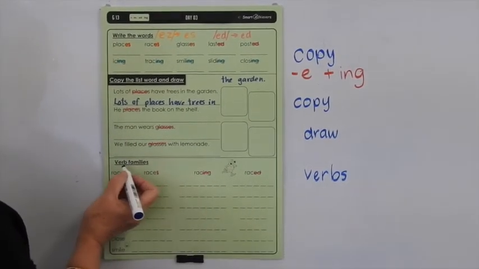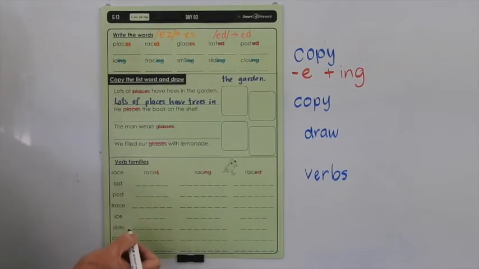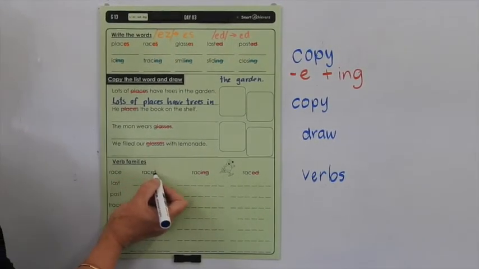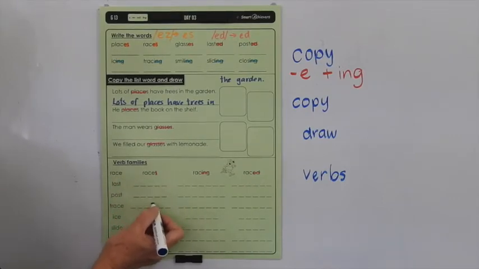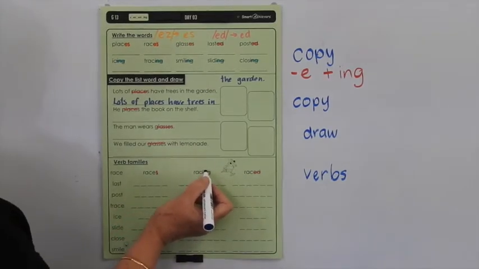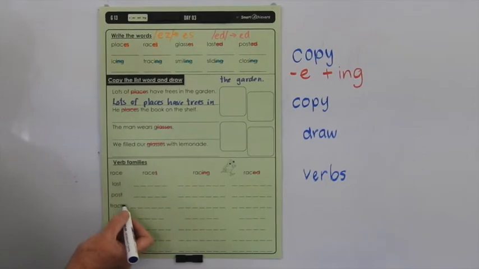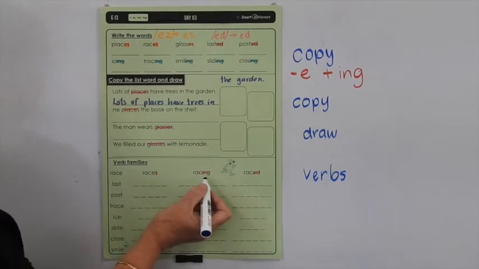Okay. Verb families, so these are the base words here without anything added to them. Here we have to add S to these words, so we've got races, laughs, posts, traces, ices, slides, closes, smiles. That's fairly easy. Here, this one's a little bit tricky because if these words end in E, we have to take away the E, like we discussed above, when we add the ing.